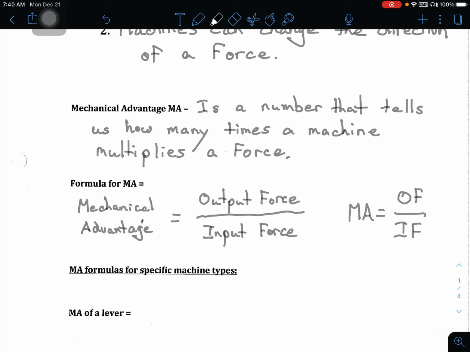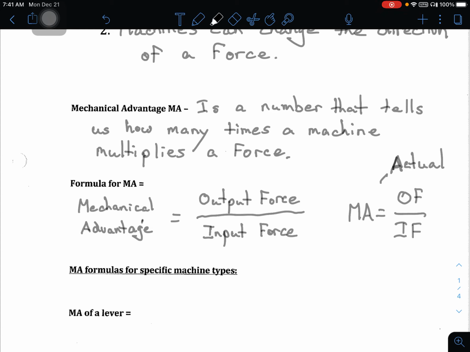So if I use a machine and I know what force was put out by the machine and what force I put in, I can calculate my mechanical advantage. This formula right here actually gives us what's called the actual mechanical advantage. It's the measured mechanical advantage that we get when we use a machine.